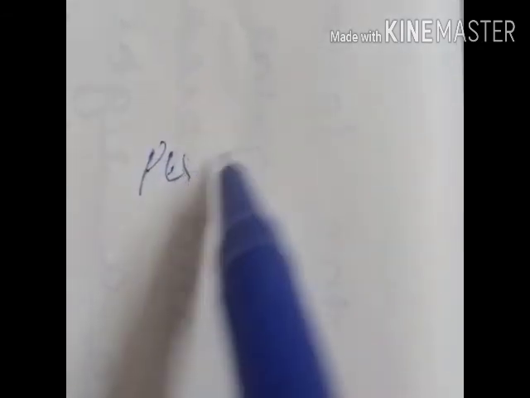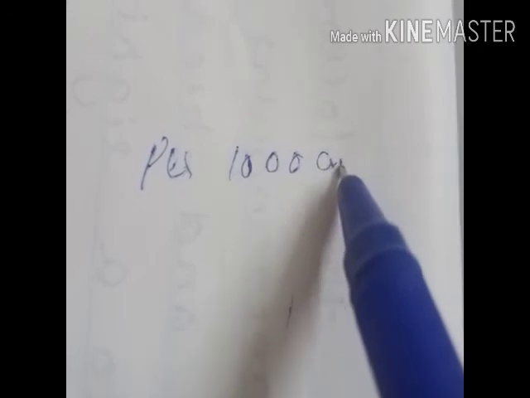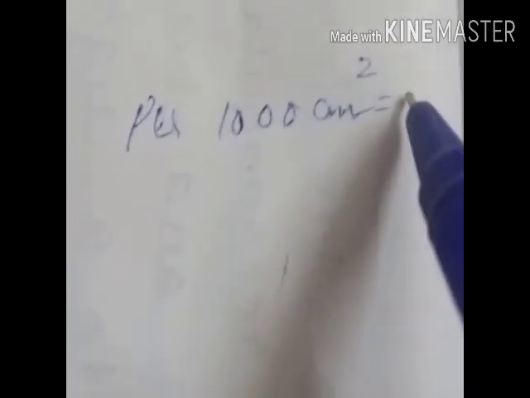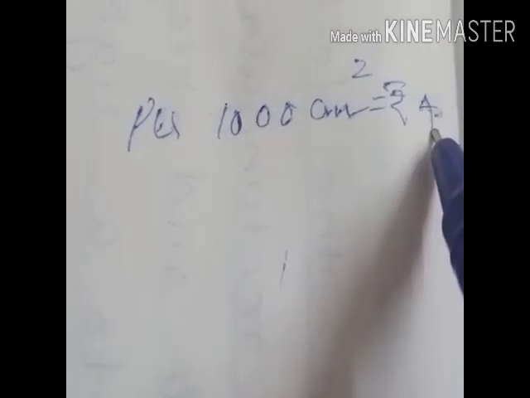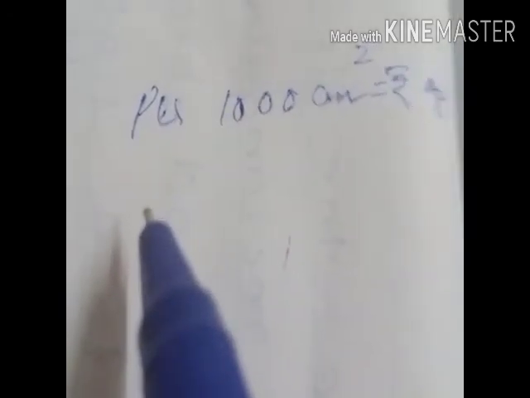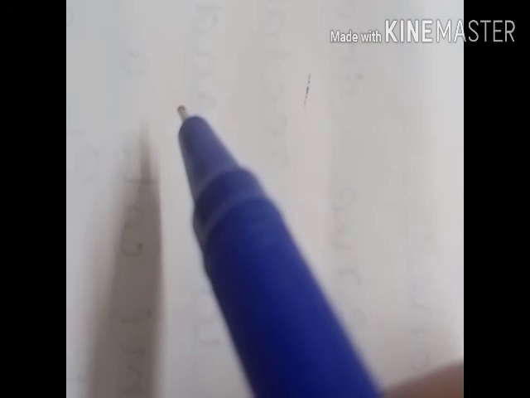Then we have to find the cost of the cardboard required for making one small box. For that, it is already given that per 1000 centimeter square, what is the cost of a cardboard? That is rupees 4. So here how we will get the cost of the cardboard required for a small box?